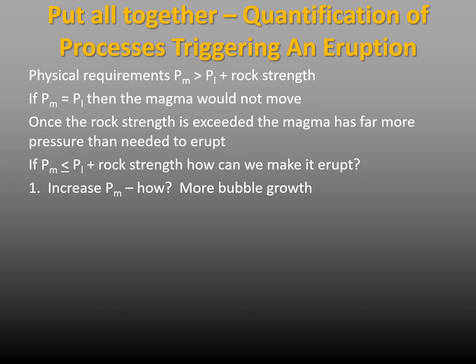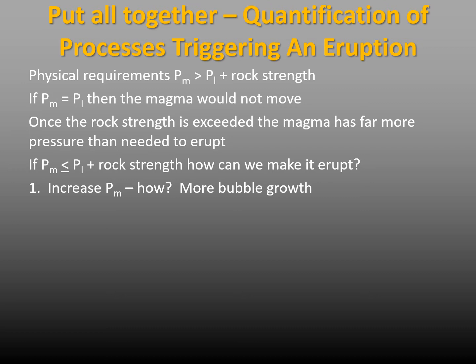Magmatic pressure, remember, comes from buoyancy, from a density difference. That's what's giving it the tendency to rise, right? It's less dense than its surroundings. Well, if we can make it even less dense than it is right now, that's going to give it more pressure to rise.